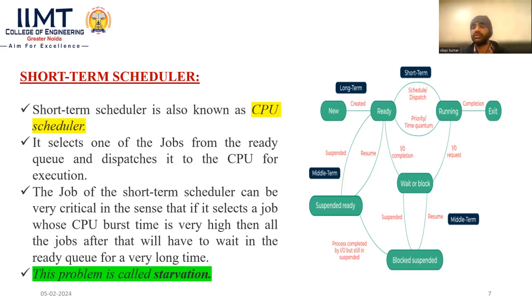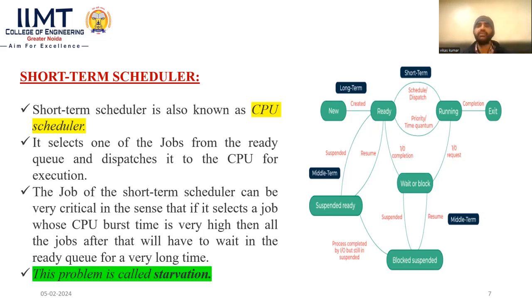Due to such long burst processes in our systems, the shorter processes need to wait for more time. This problem is called starvation.